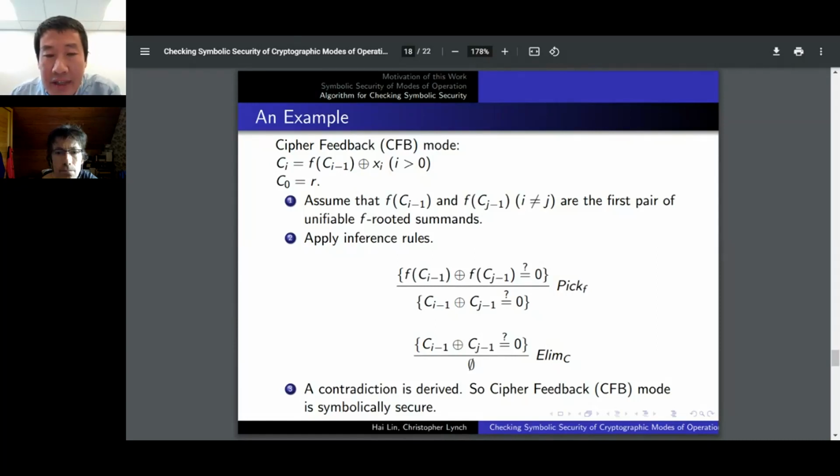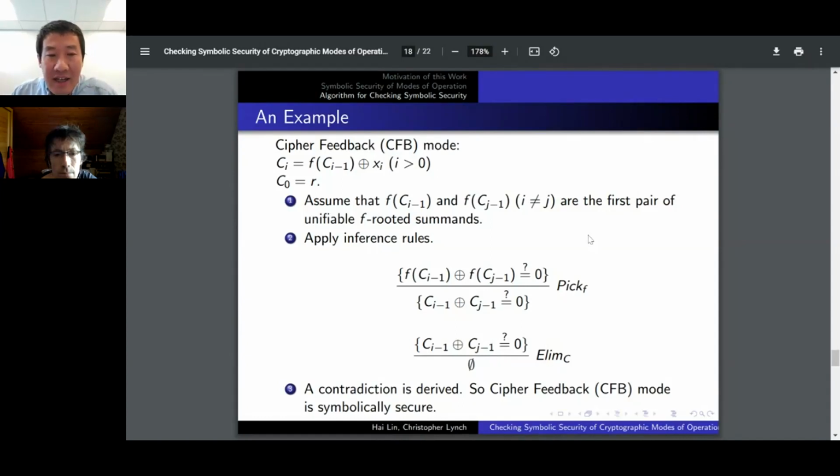And the second rule that we apply is called elim C. Essentially, it says it's impossible that these two terms are unifiable. And the argument is very similar to the argument that the uniqueness property implies symbolic security.